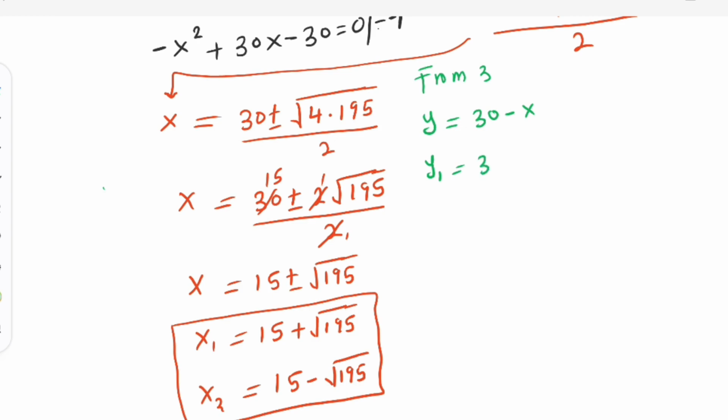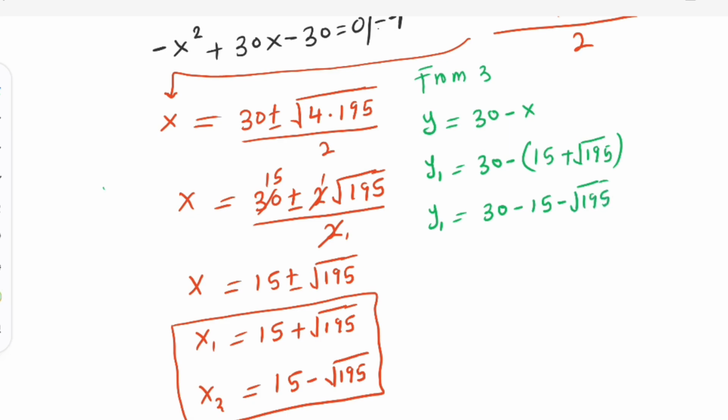y1 is equal to 30 minus x1, which is 15 plus root 195. y1 is equal to 30 minus bracket 15 plus square root of 195.